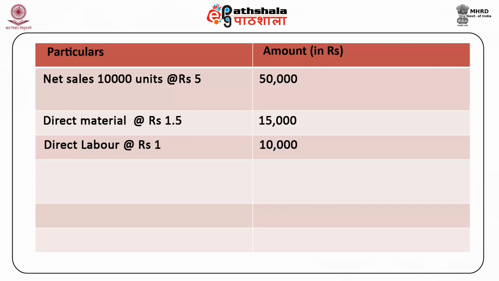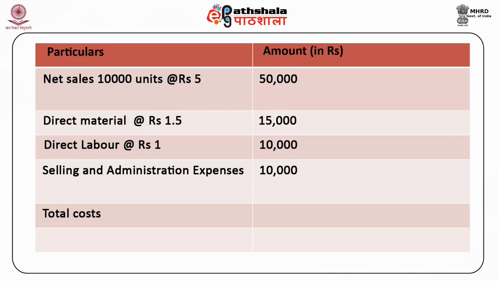Factory overheads are rupees 10,000. Selling and administration expenses are also rupees 10,000. Thus, the total costs come out to be rupees 45,000 and the net profit comes out to be rupees 5,000.